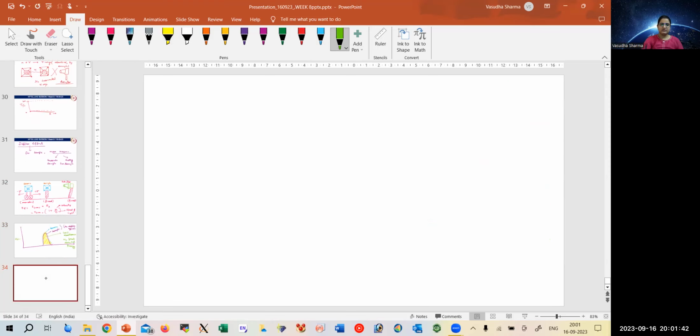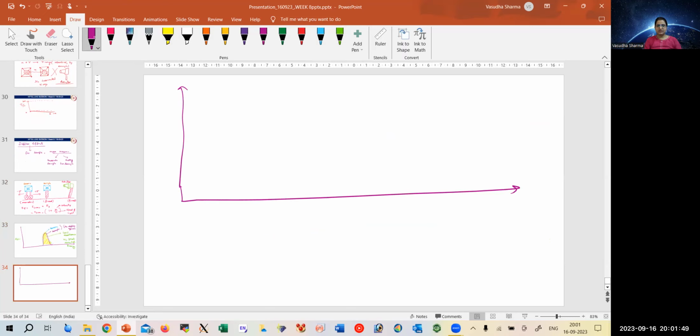Now the next case. If I have absorbance and my Doppler effect is working, the source goes away from the sample, with minus V1.